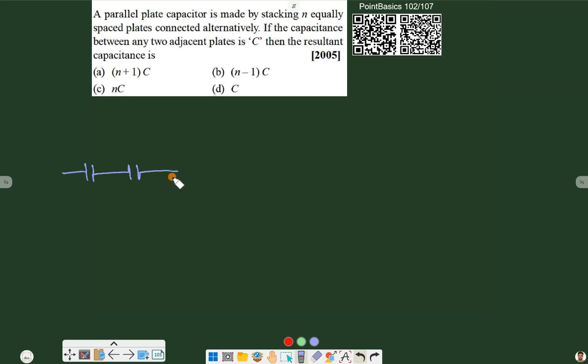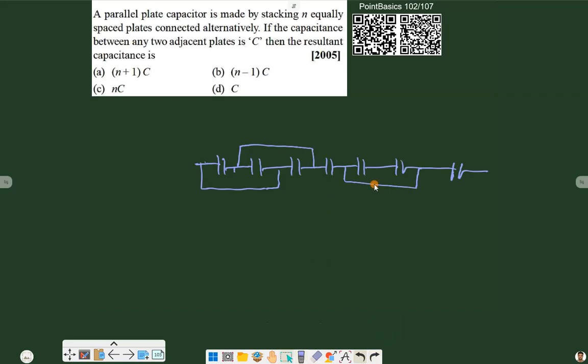An equally spaced plate alternatively. So our diagram will look something like this, that we have n capacitors which are alternatively connected.